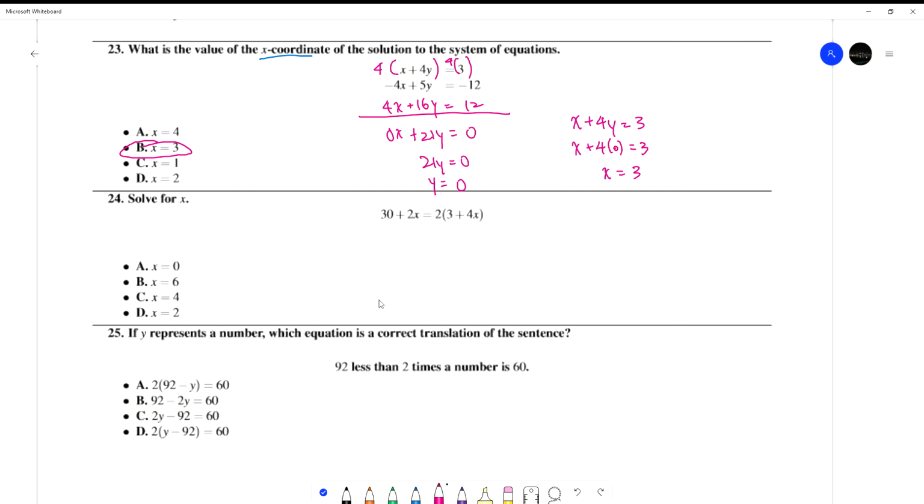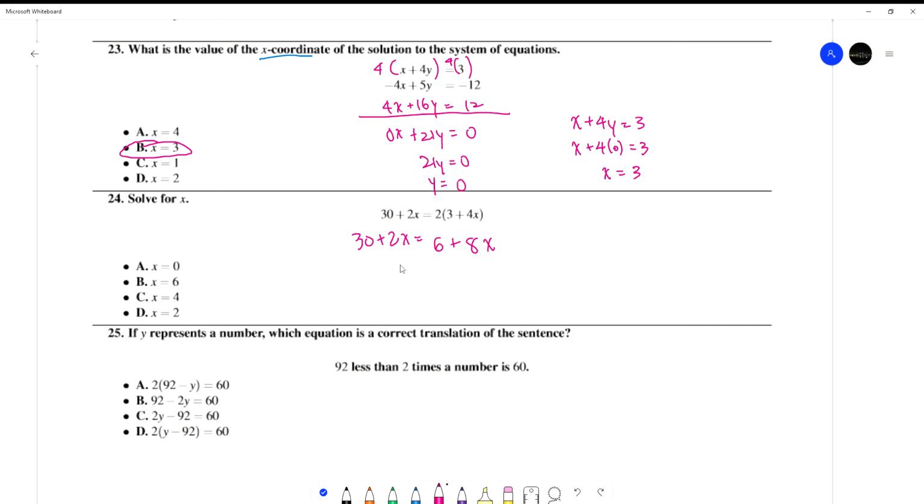Number 24, solve for x. So right now we have 30 plus 2x is equal to 2 times the quantity 3 plus 4x. So since there are parentheses, you have to distribute and remove those parentheses first, right? So I have 30 plus 2x is equal to 6 plus 8x. I'm going to gather my x's to the left-hand side.